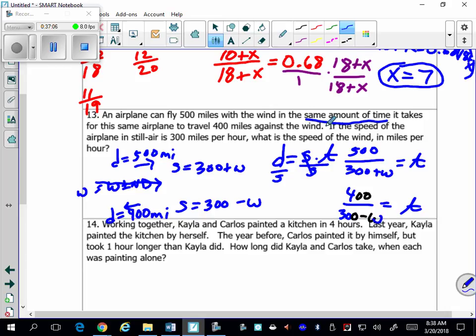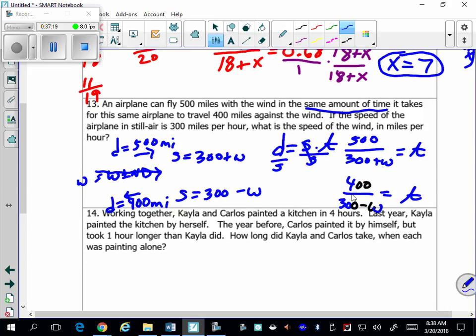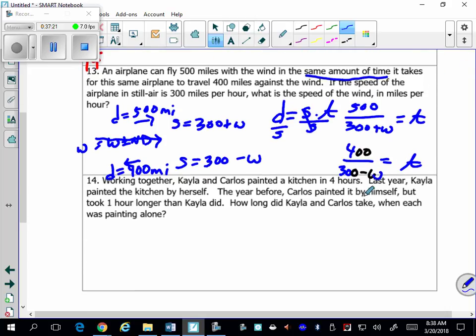And I'm going to do this down at number 14. Well, I'll have to erase it, but oh well. So 500 over 300 plus W equals 400 over 300 minus W. So you have a fraction equaling another fraction. You can do what you did in middle school and cross multiply if you'd like. I like to keep the same thing. So let's just get like denominators.